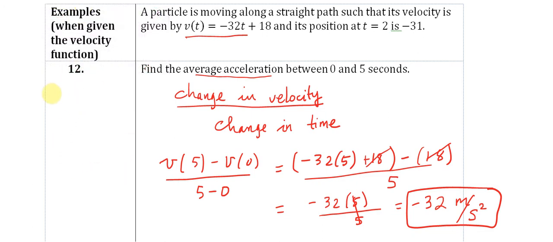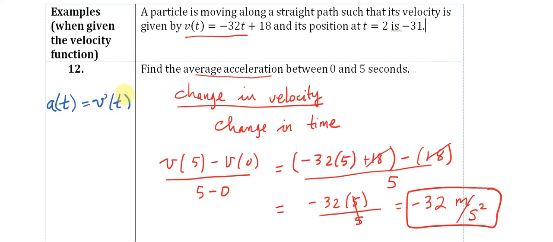Sometimes I pick numbers that are really nice, and sometimes I do it by accident, but that's rarely the case. In this situation, it's really a matter of seeing that the derivative of velocity is acceleration. So the acceleration function would be equal to negative 32.